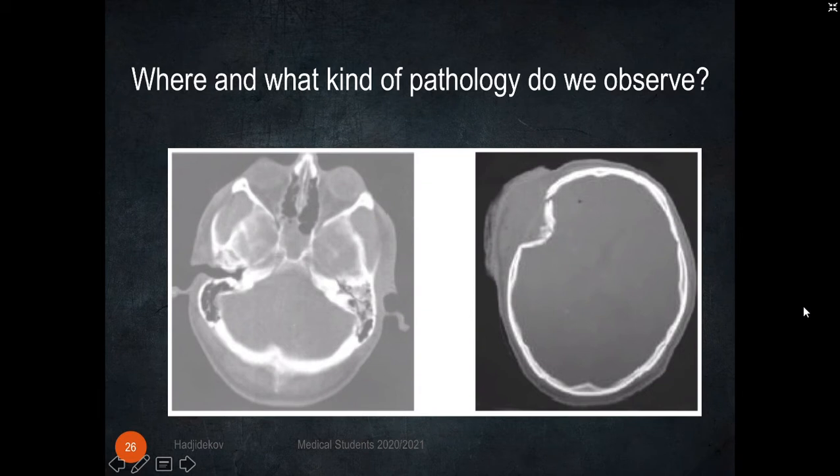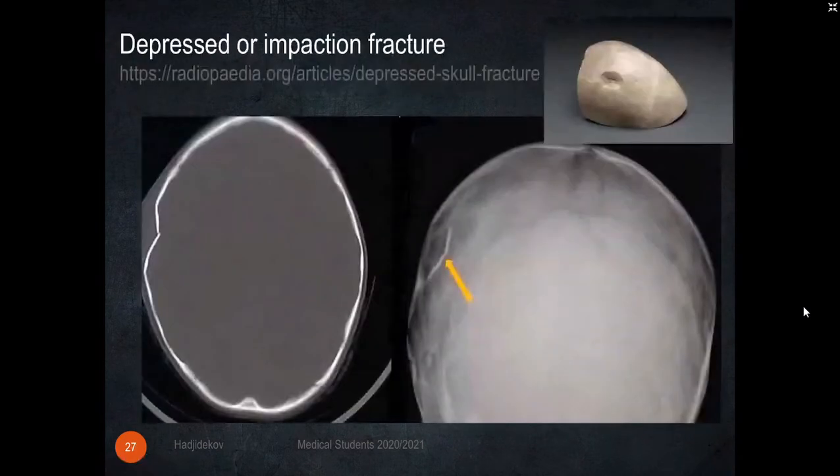If you take a closer look on the left side, where the mastoid cells, the mastoid bone, are close to the left ear, you see a linear structure running parallel to the pontocerebral angle. And this linear structure is once again a fracture line.